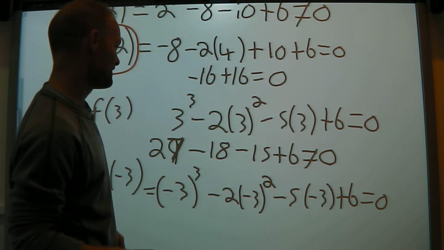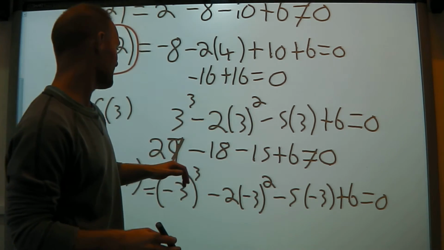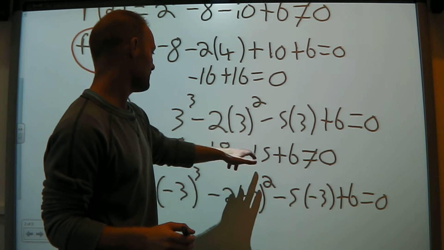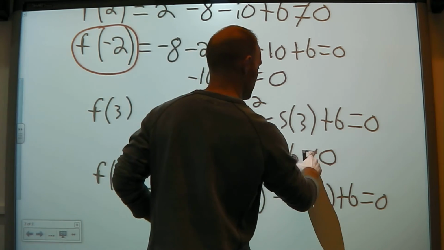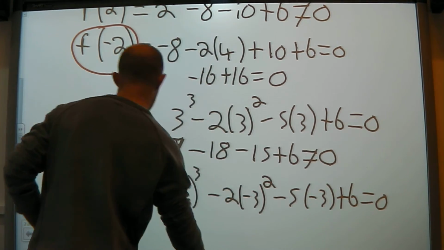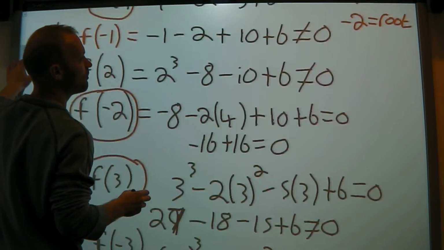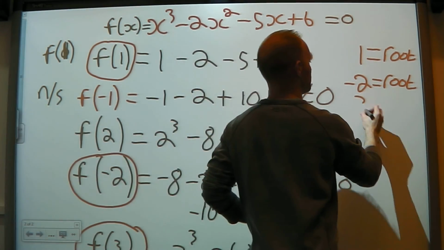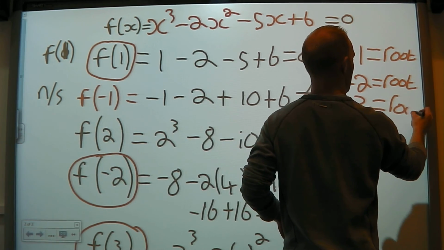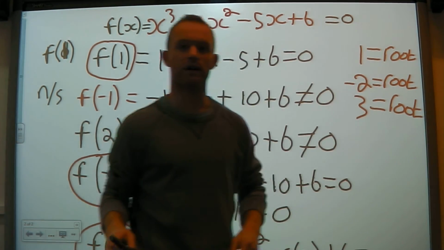Sorry about that. So -27 and 6 is -21, and -18 and +15 is -3... Anyway, the values work out to 0, so that is a solution. And -3 is a root. Alright, so that's it.